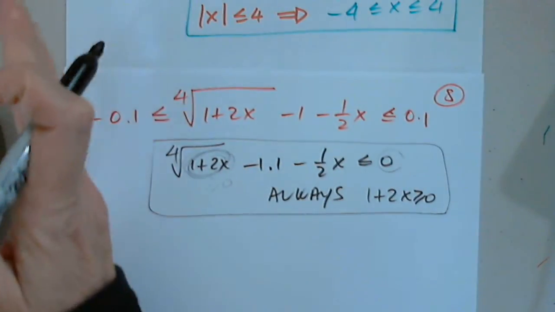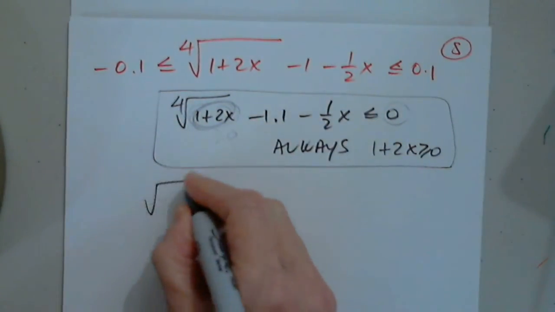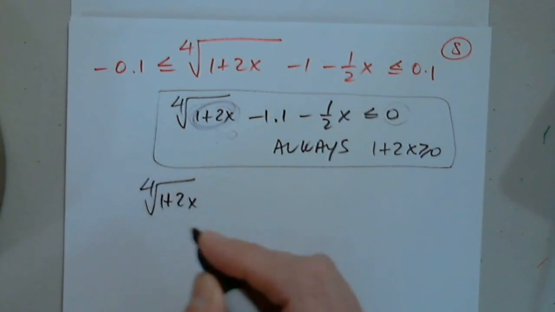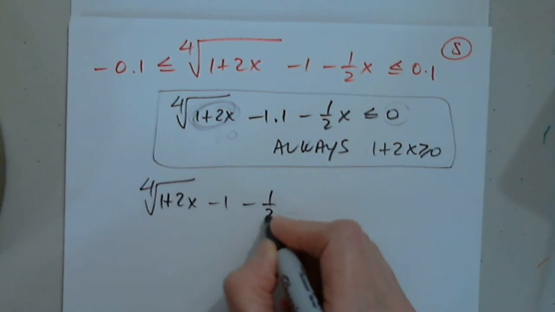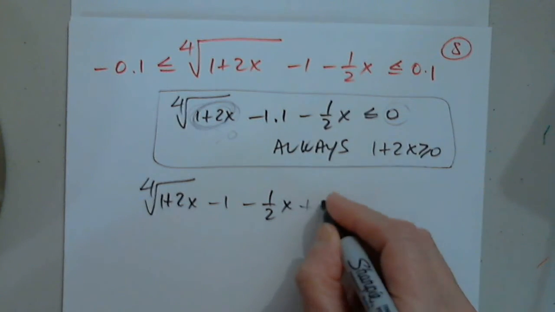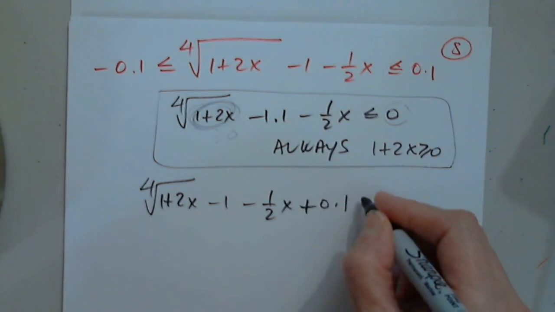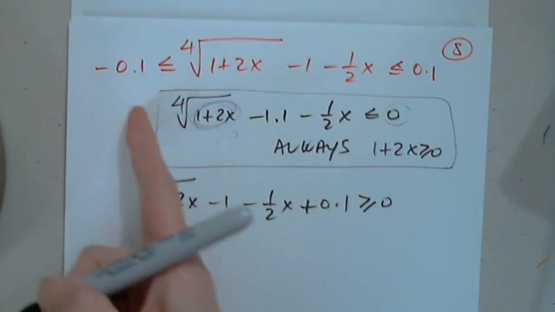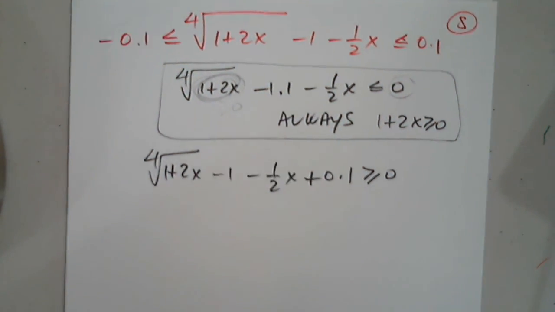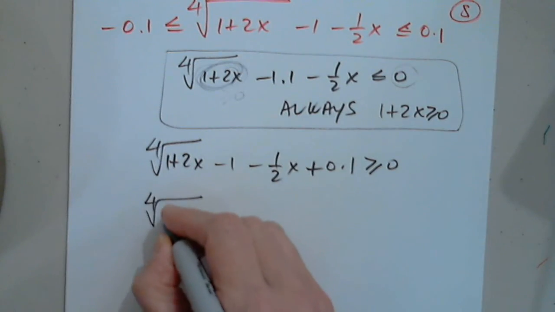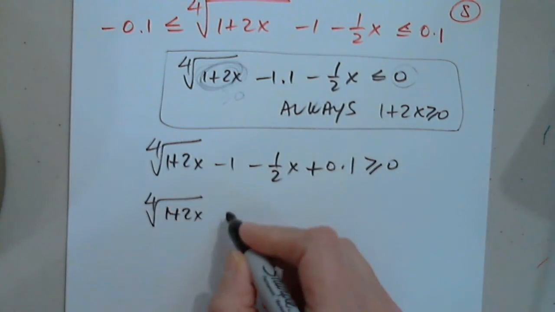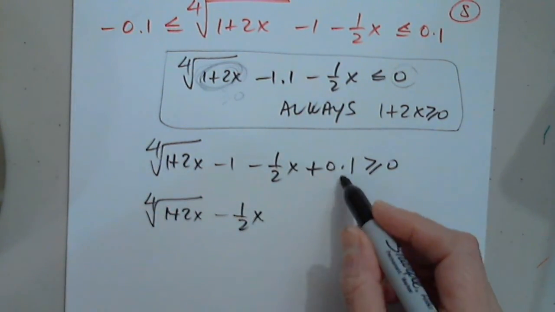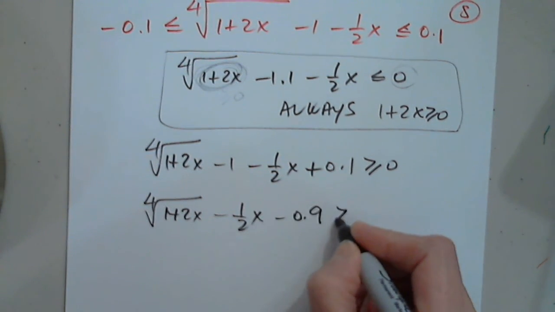Now I have to look at this one. So I have the fourth root of 1 plus 2x minus 1 minus 1 half x plus 0.1 greater than or equal to 0. So this, I'm moving it, is positive 0.1. So now we have the fourth root of 1 plus 2x minus 1 half x, and this is minus 0.9 greater than or equal to 0.